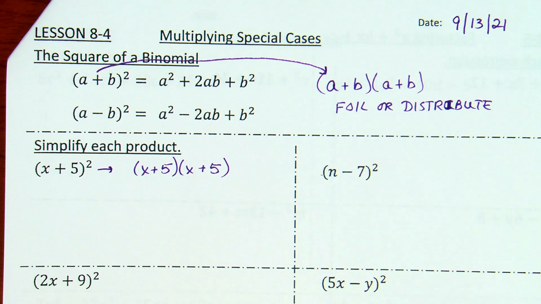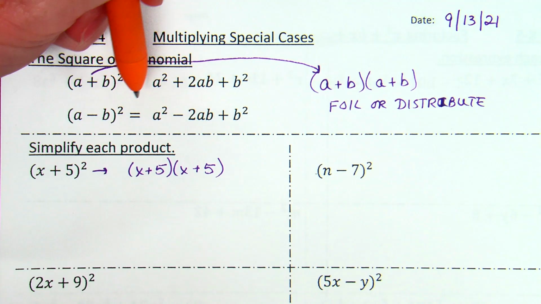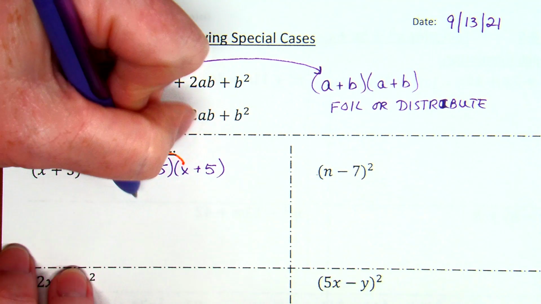Okay, so what do I do first? It's the first thing in each parenthesis, or you take this x and start by distributing it to x. And what is x times x? x to the second, because you keep the base of x and add the exponents.